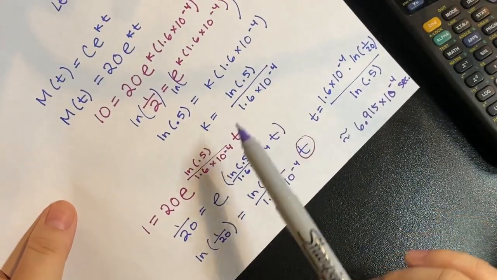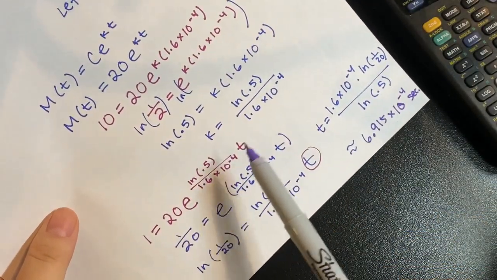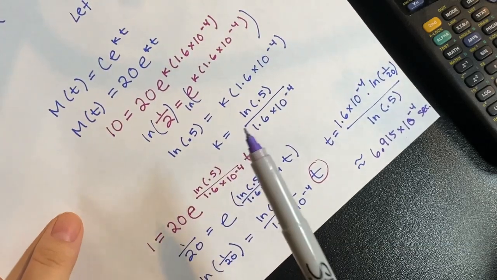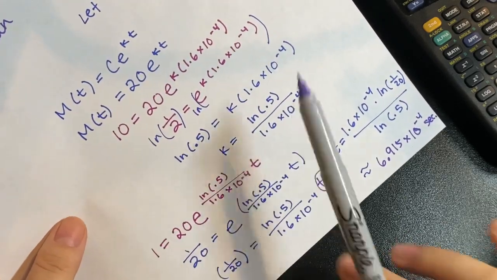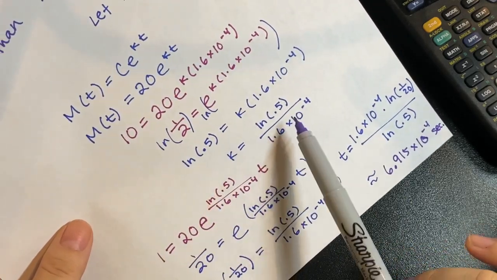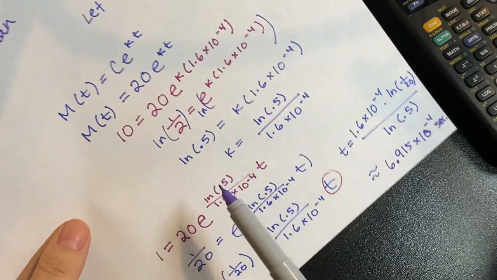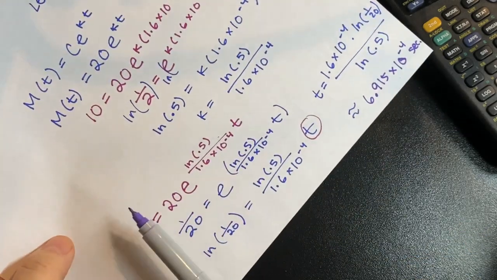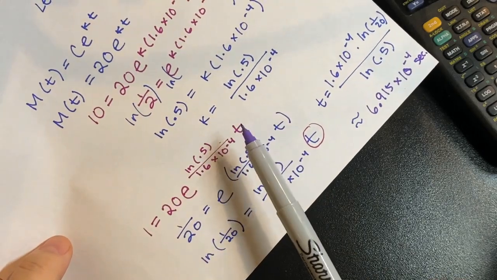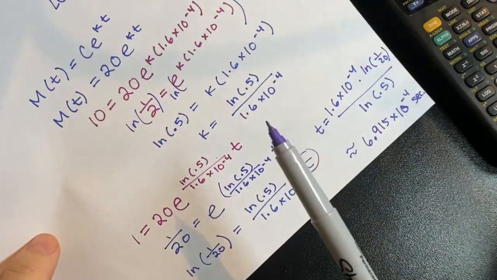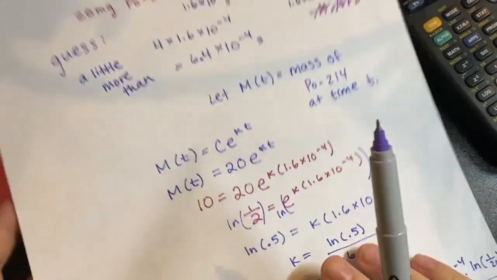So we plug that exact k into the general formula again, because it's going to be the same k for this question. So now that we solved for k, we plug it into the general equation and put in our 1 to find what that time is. Then the rest is just a bit of algebra, okay?